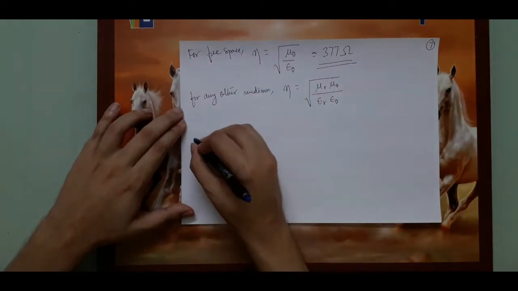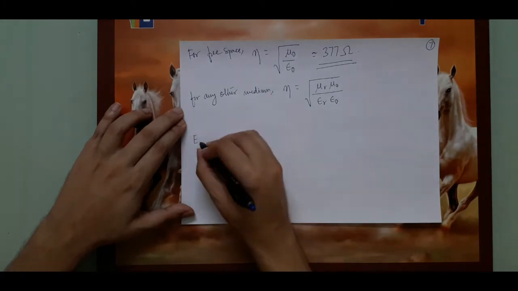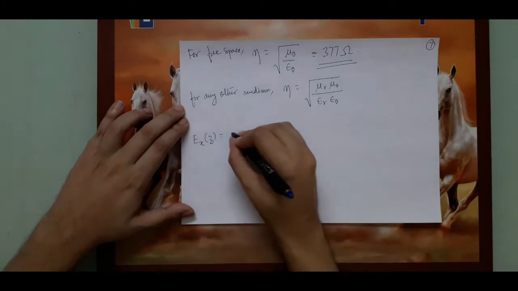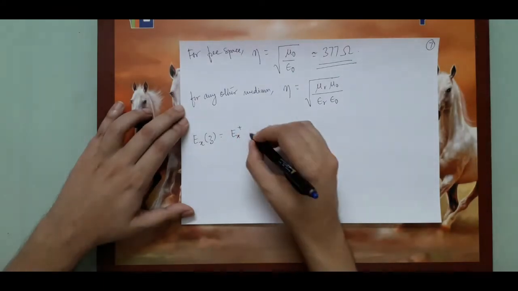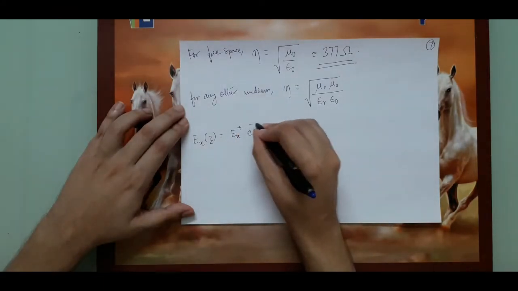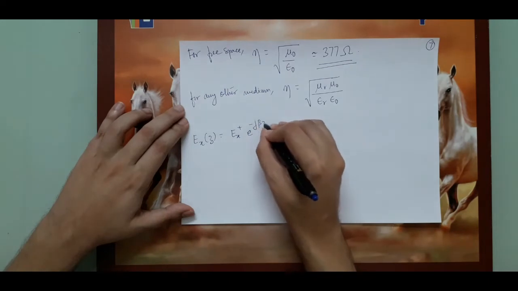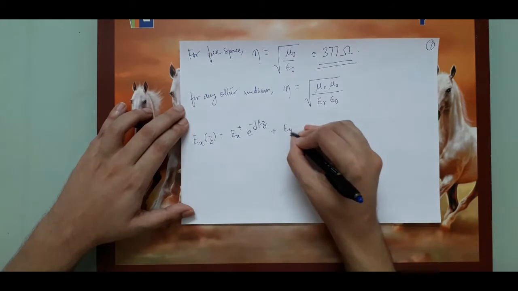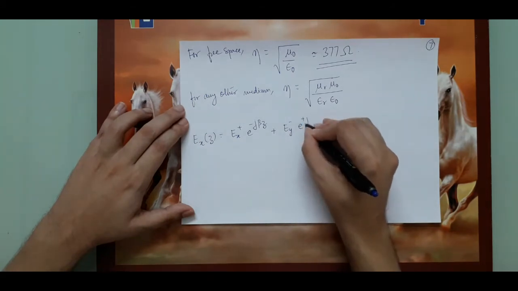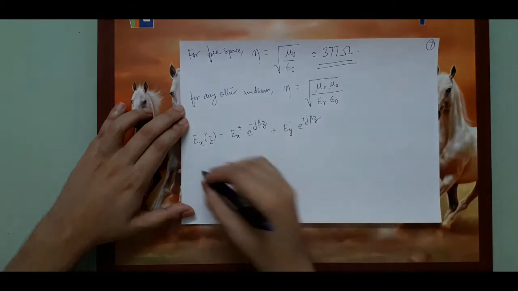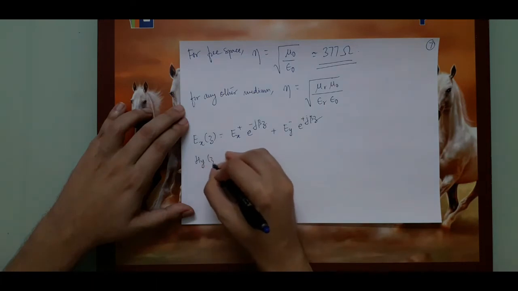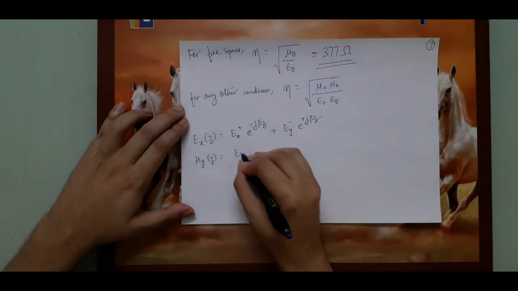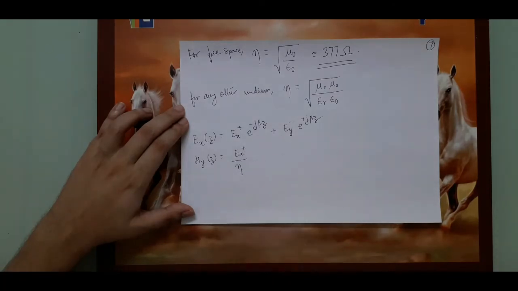So what we are seeing essentially is this. If you rewrite, it's Ex of z is nothing but Ex plus times e raised to minus j beta z plus Ex minus times e raised to plus j beta z, and Hy, which is a function of z, is nothing but Ex plus by eta.